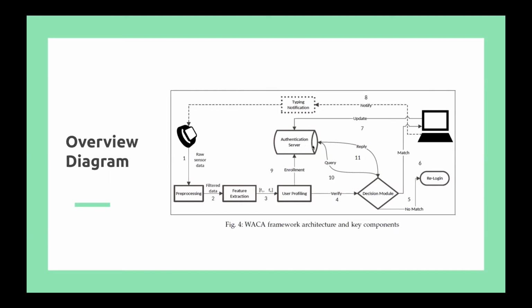After that, it is sent over to the decision module that determines whether or not the feature extraction matches the user profile. If it doesn't, it goes back to the authentication server and sends an update that it is not valid. And if it is valid, then it is automatically relogged in.